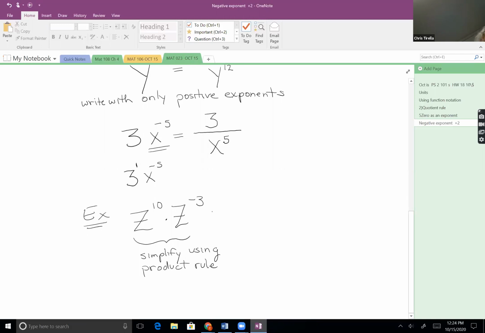And so product rule says that when I multiply, I add those exponents. So that gives me z to the 10 plus negative 3, which is just z to the 7. And because that exponent is positive 7, I'm done.